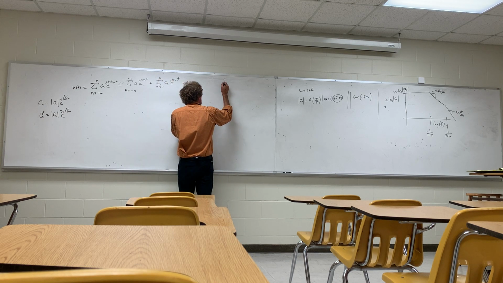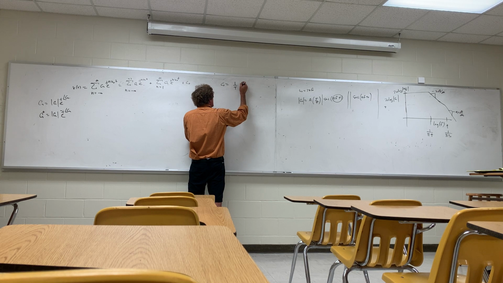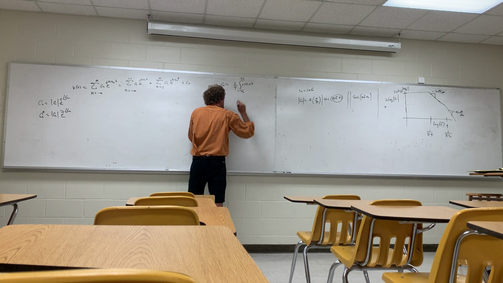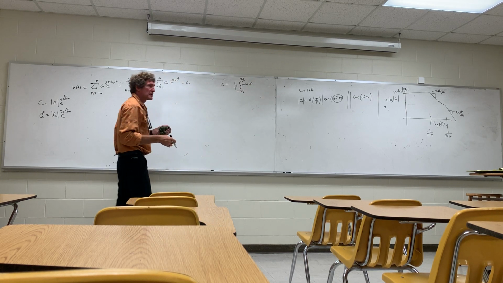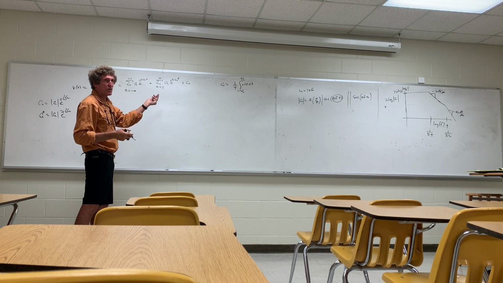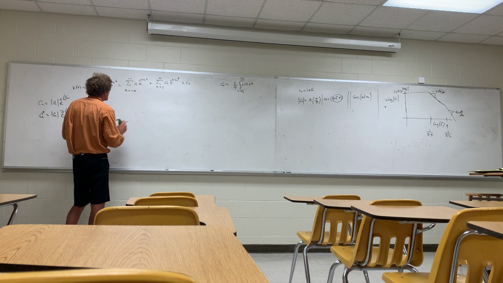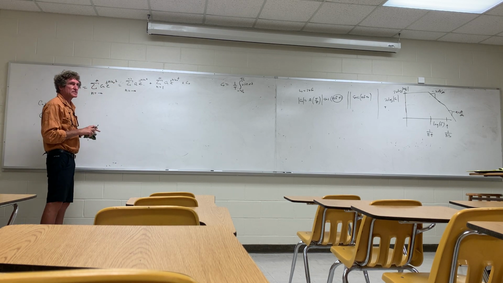And c0 is just going to be the DC value of the function v of t. That's the average value. Remember anything about Fourier series, you always had that first coefficient that represents the DC value.